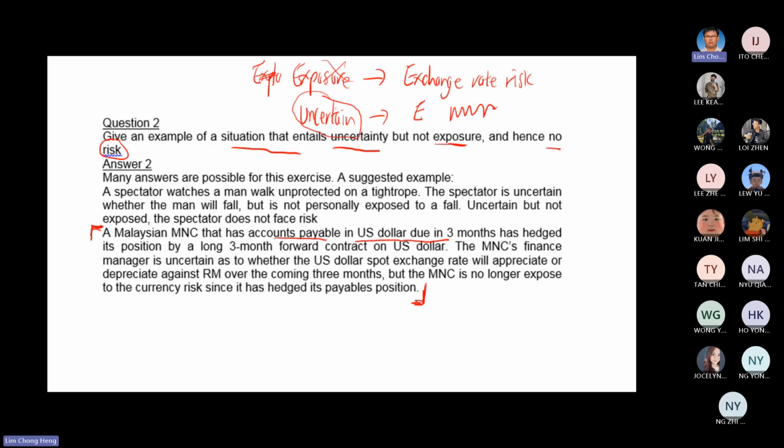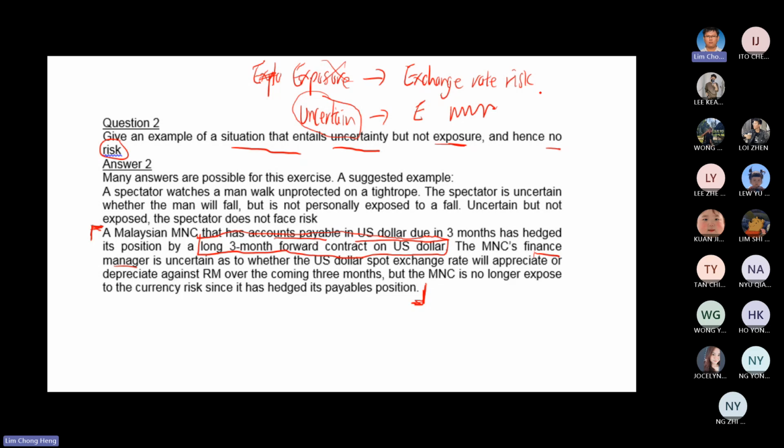Very simple. The finance manager goes to buy a forward contract on the USD. You can buy an exchange rate future, or exchange rate forward, or exchange rate swap, or exchange rate option, up to you, to lock your exchange rate.